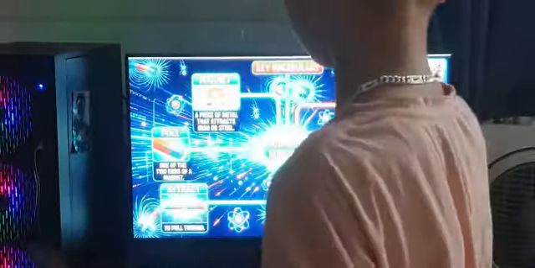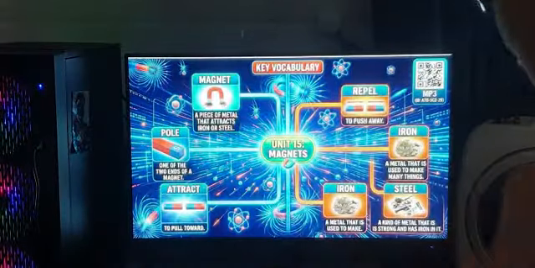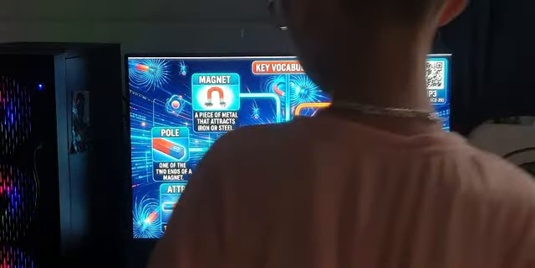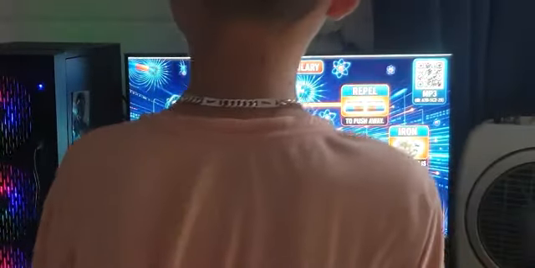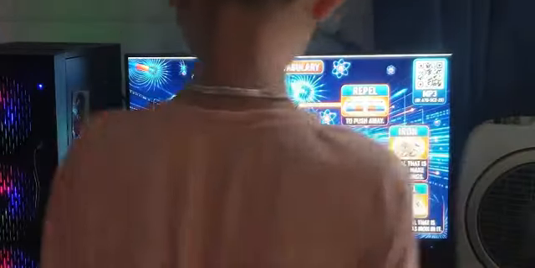Unit 15 is about magnets. Now we're going to talk about magnets, and do you know what a magnet is?